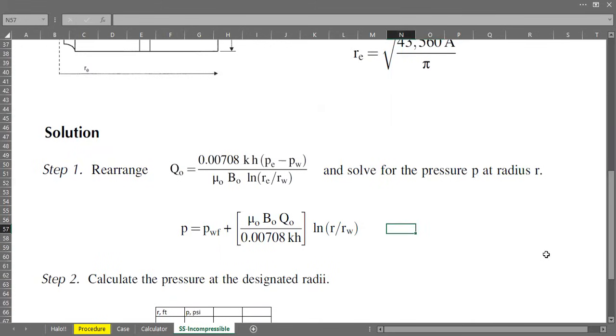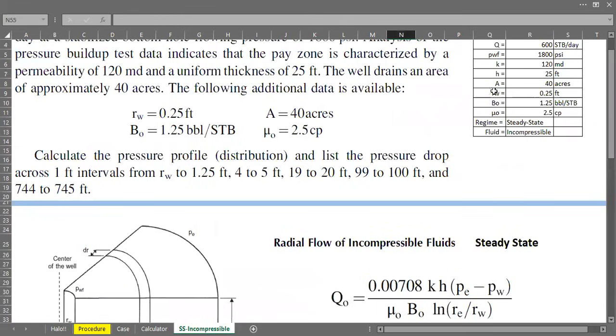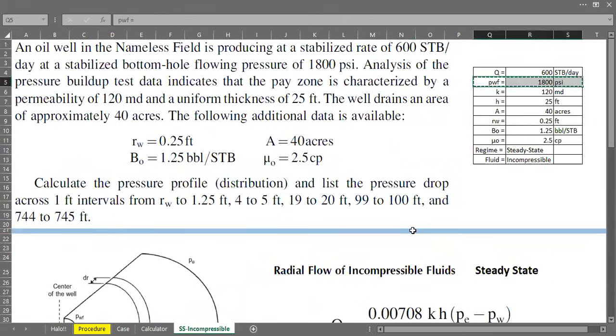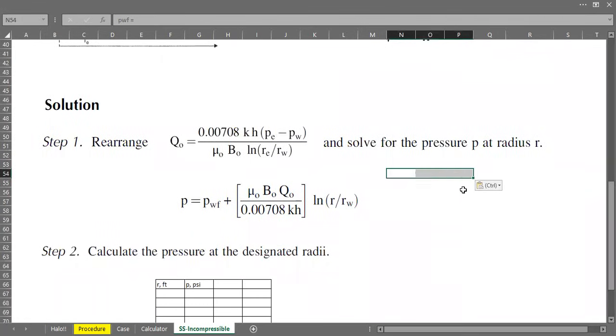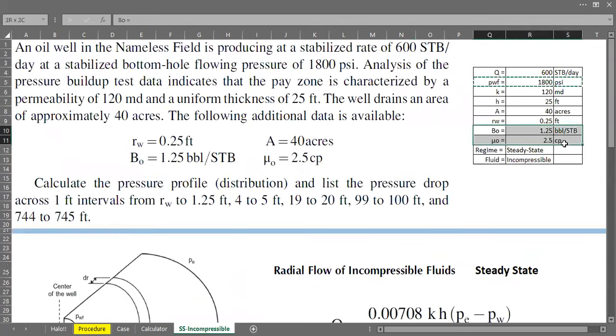So first we will create the equation. And the equation is like this. First, we need to calculate this term. We know that the PWF is 1,800 here. All right, and then we will borrow the viscosity and oil formation volume factor.